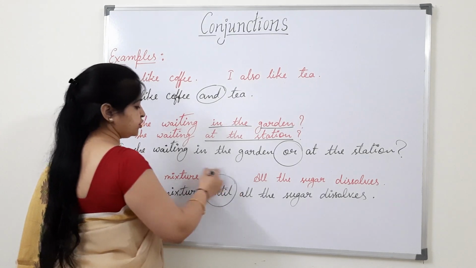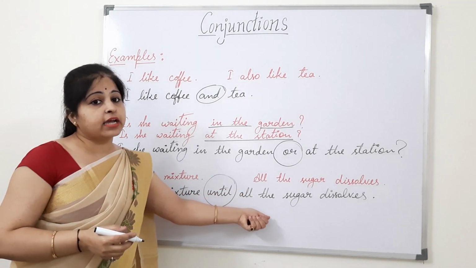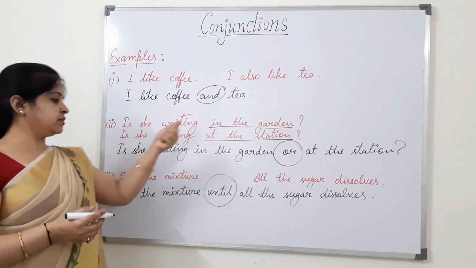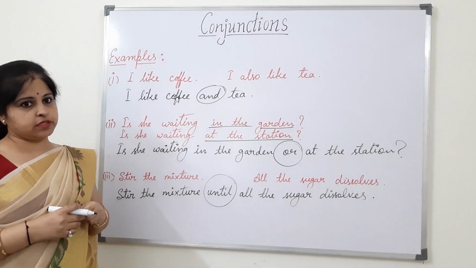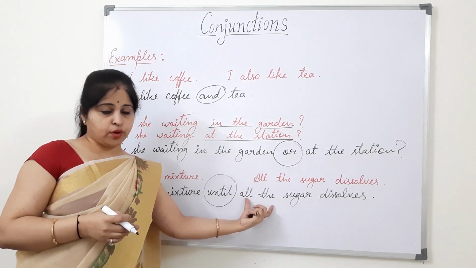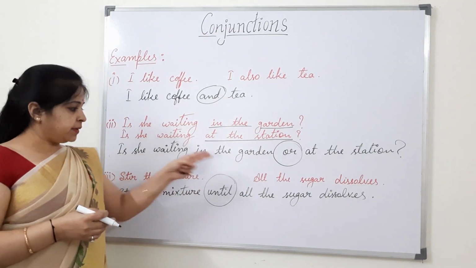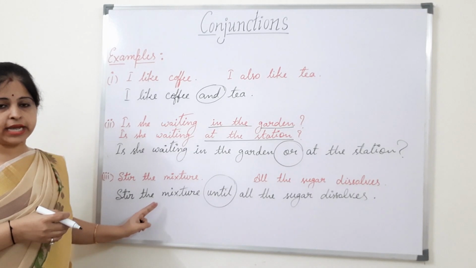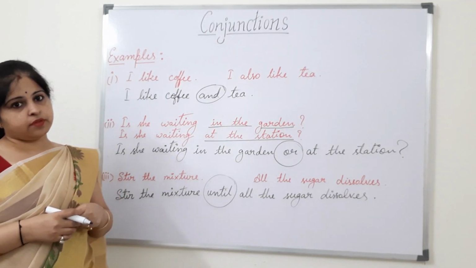Until is a conjunction which we have used to connect a dependent clause with it. Until all the sugar dissolves. So, this is an example of a dependent clause, which is dependent on an independent clause, which is stir the mixture.